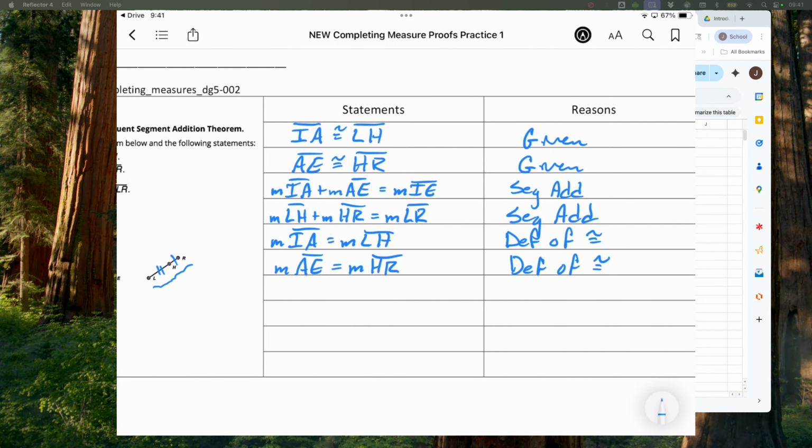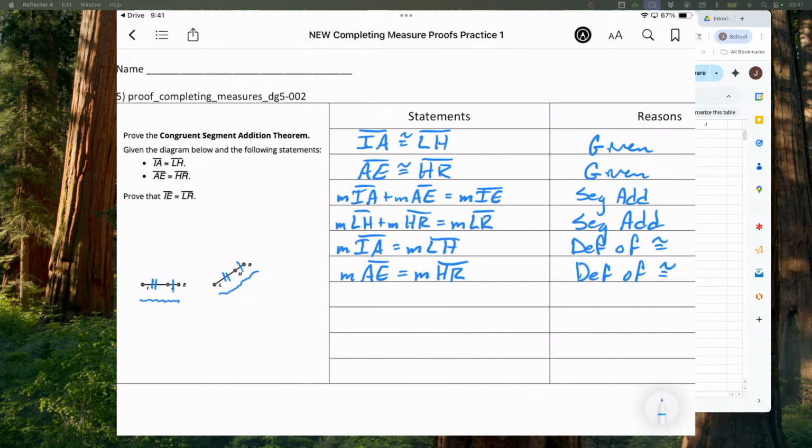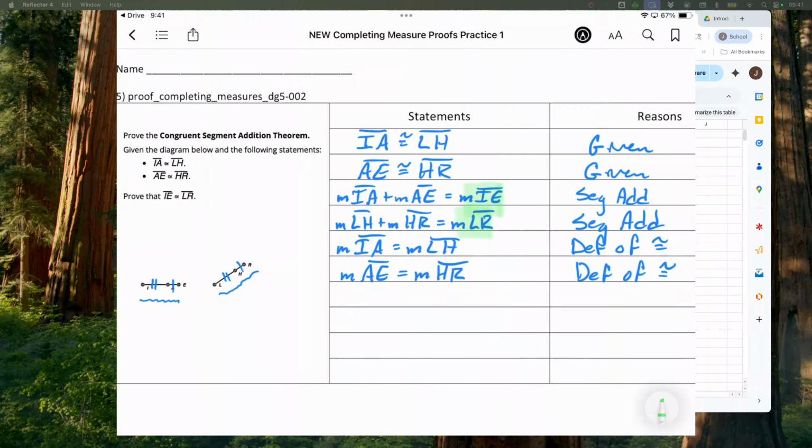Okay, now we can start moving some pieces around. So we see that we are trying to prove IE is congruent to LR. So we want to get IE and LR.